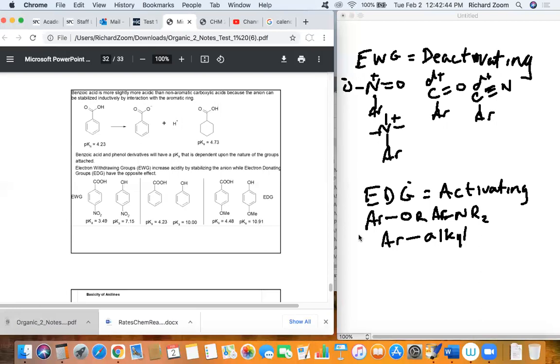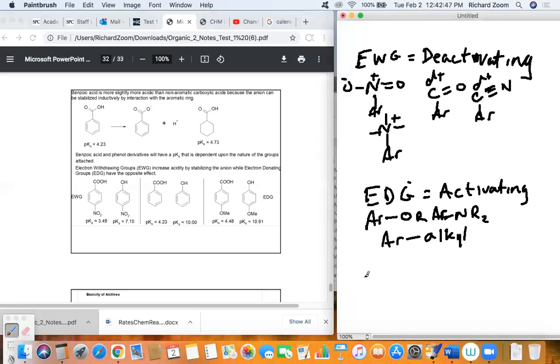So what's happening is that if we take a look at the phenol with the nitro group on it, and then we look at what happens when we take the H plus off, so that's a negative there.